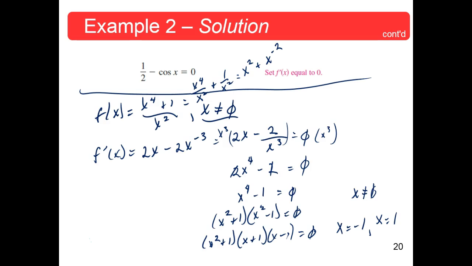Everywhere in the real number system. You can't have a square equal a negative number. So, sure enough, we'd have some complex zeros, but we're not dealing with those right now. We're only dealing in the real number system. Okay? At that point, yeah, no, not going to happen. Okay. So, these are our three critical numbers.